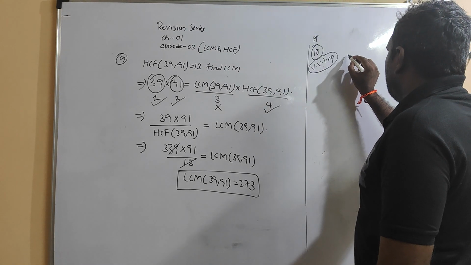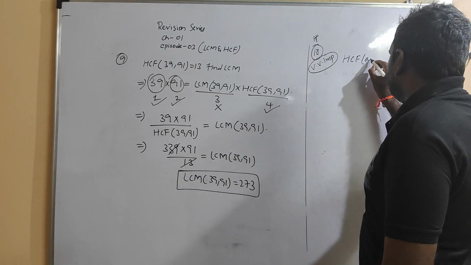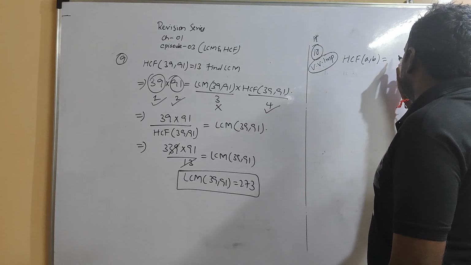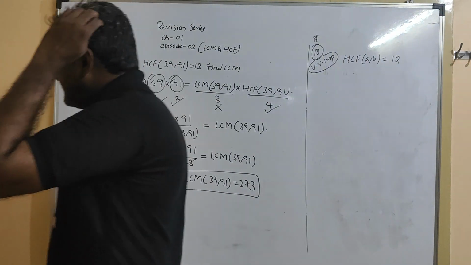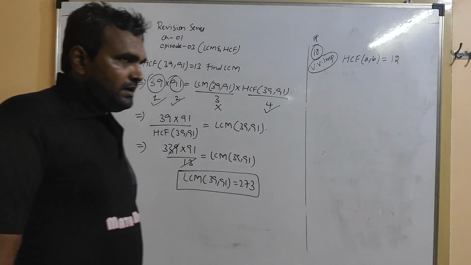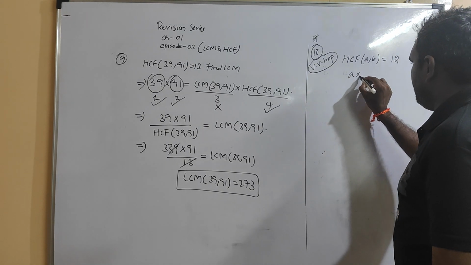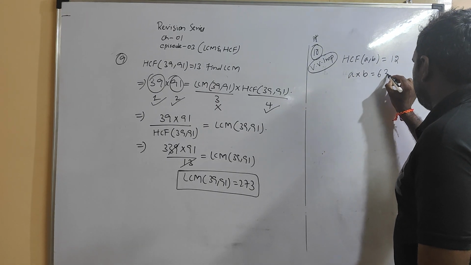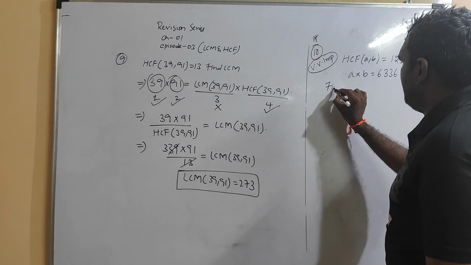Two numbers are there. Let the numbers be A and B. The HCF of the two numbers is given as 12. Correct or not? And their product, A into B, is given as 6336. What we have to find?